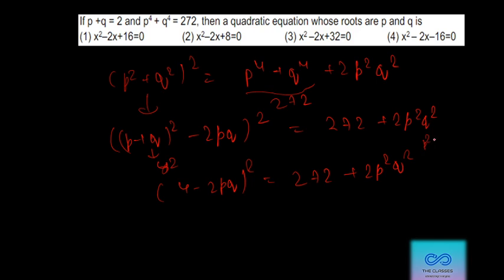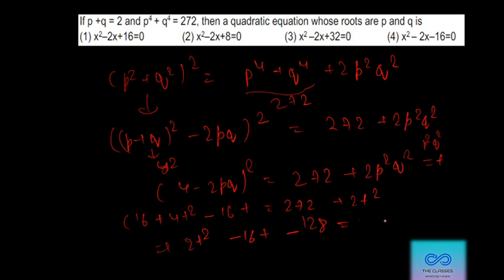Assuming p square q square as t, here we will get 16 plus 4t square minus 16t equals 272 plus 2t square. The final equation comes out to be 2t square minus 16t minus 256 equals 0, which becomes t square minus 8t minus 128 after dividing by 2. So this is our final equation.